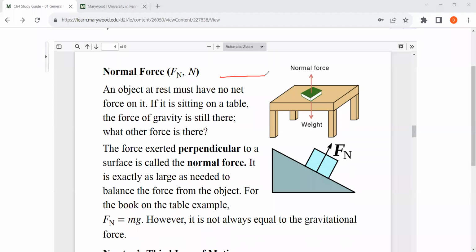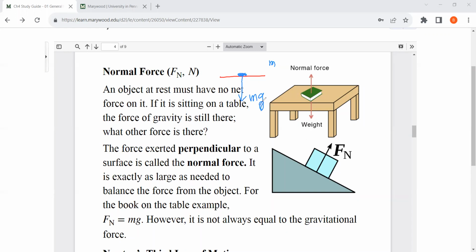Let's say this is the table, and this is the object, and this object has mass m. If an object has mass, it always has gravitational acceleration, and it is always downward. So the gravitational force is mg, right?